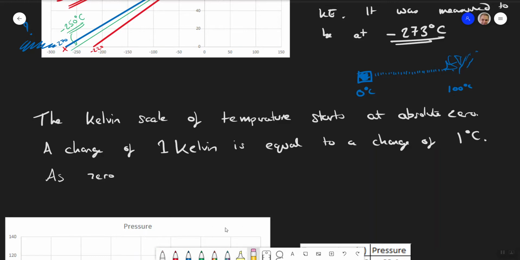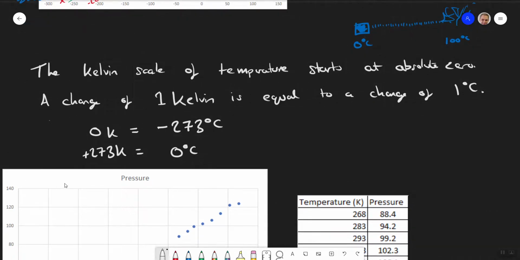So we can say that 0 Kelvin is equal to minus 273 degrees Celsius. What would happen if you added 273 to this to get to 0 Celsius, the freezing point of water? You'd get plus 273 Kelvin.